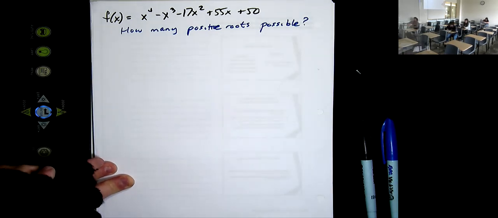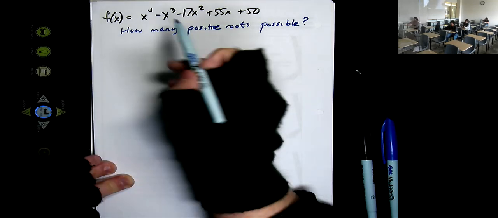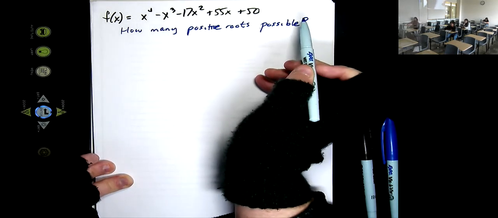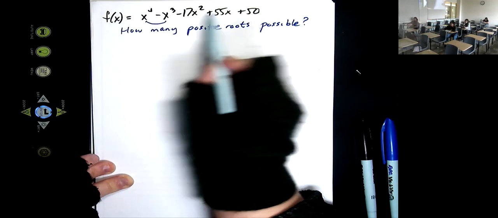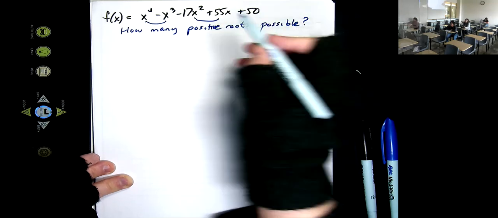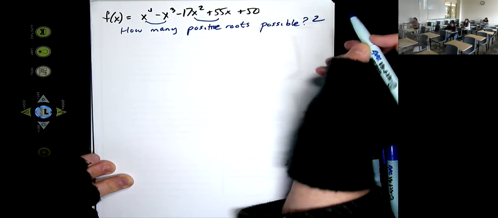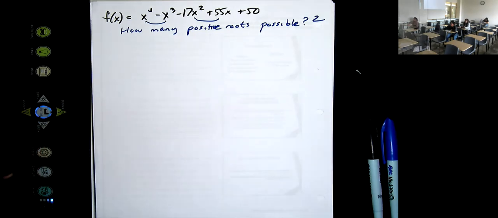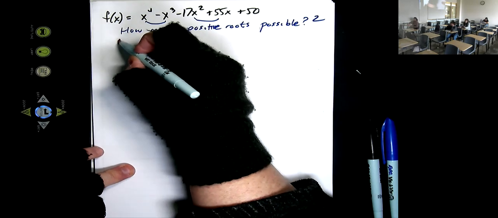We just count the sign changes. Changes signs once, twice. 2. How many negative roots are possible?